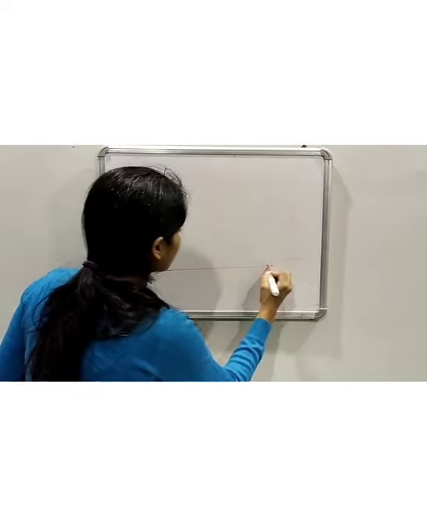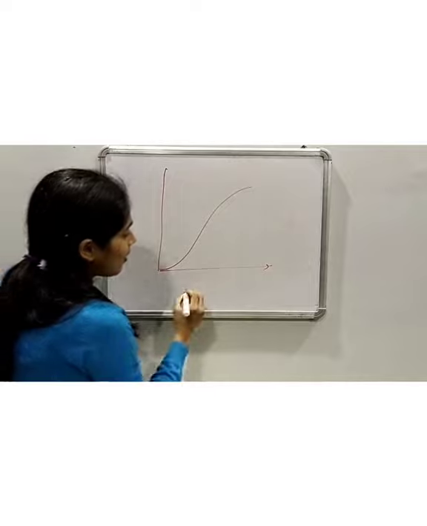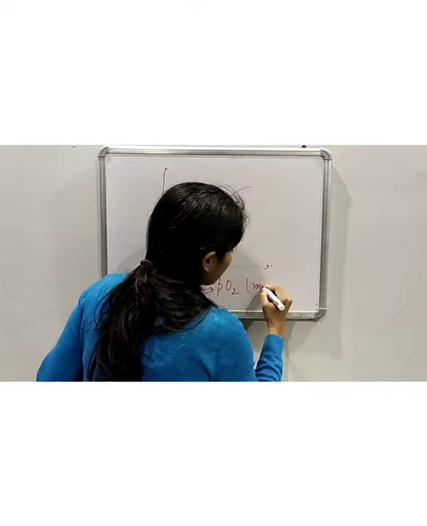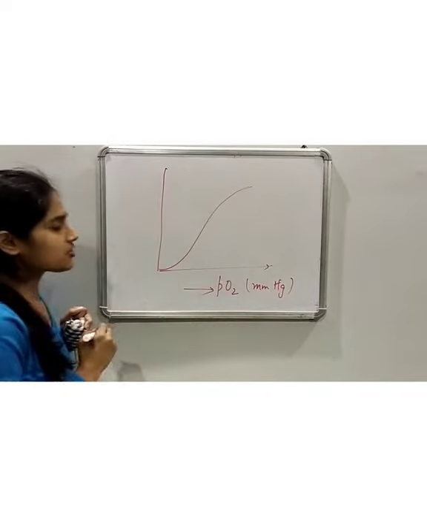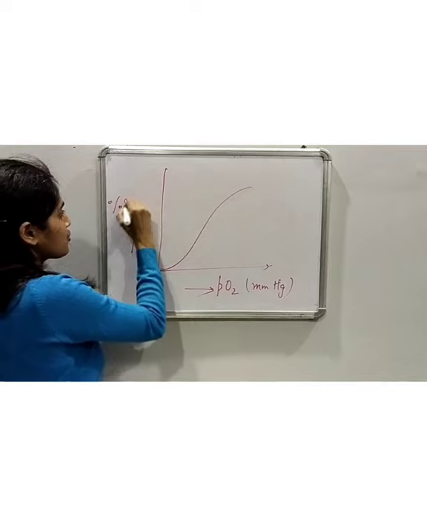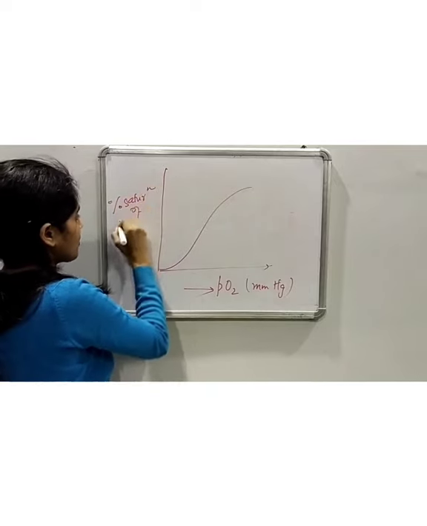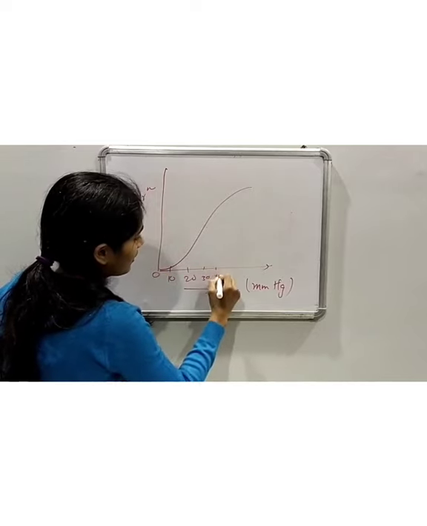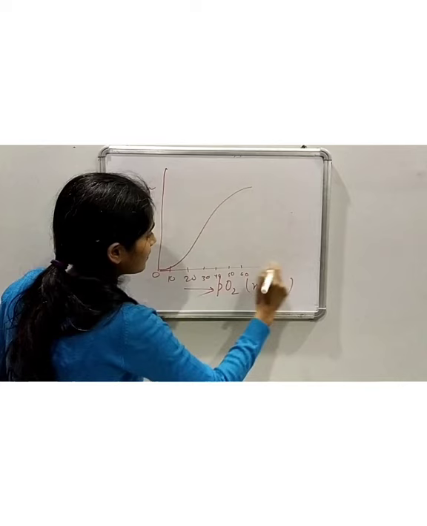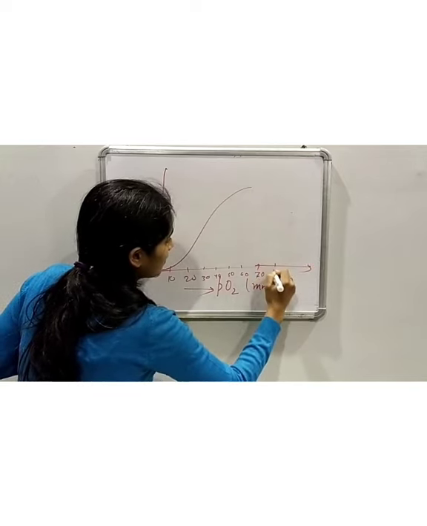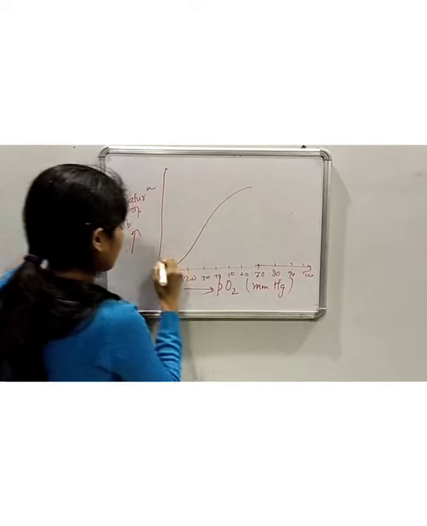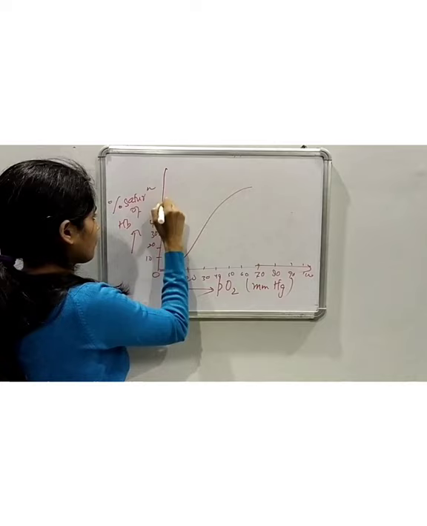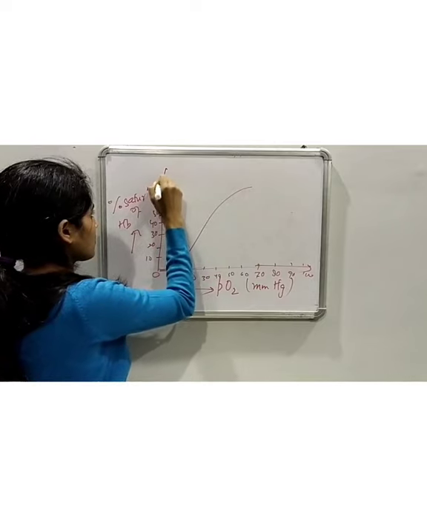It is like this, where on the x-axis we plot the partial pressure of oxygen, in units of mmHg, and on the y-axis the percent saturation of hemoglobin, with values like 0, 10, 20, 30, 40, 50, 60, 70.